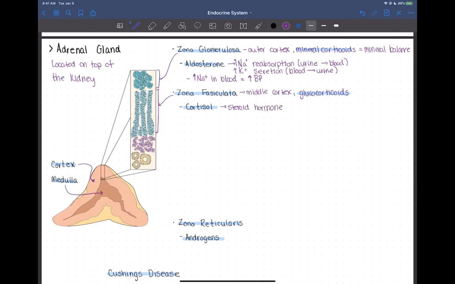That also means it can go into the nucleus and alter gene expression and regulate different genes. The general function of cortisol is to help resist long-term stress.